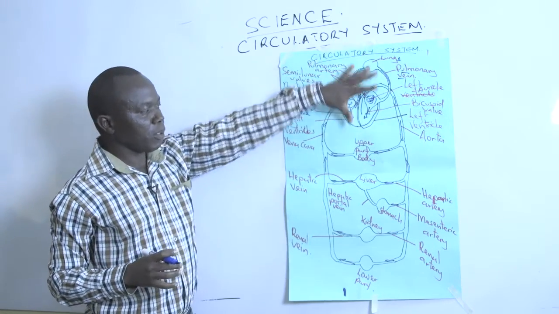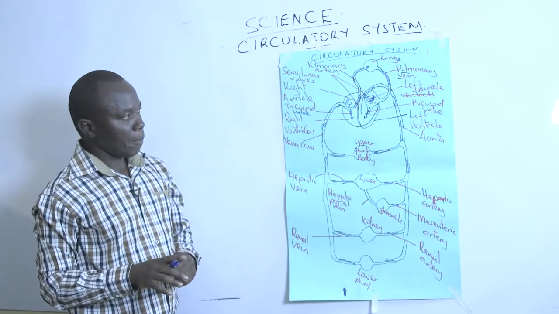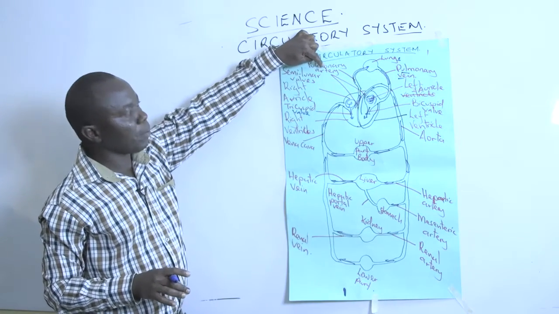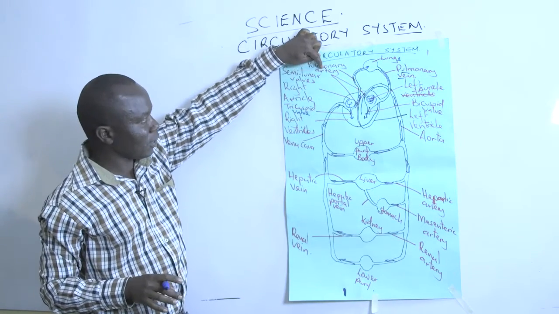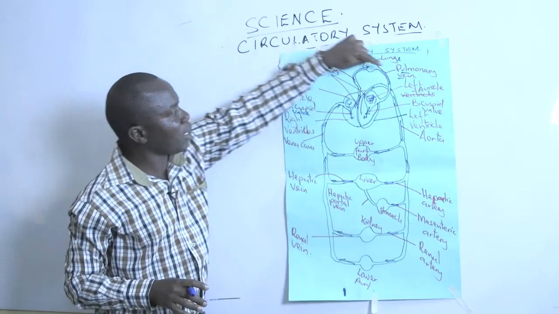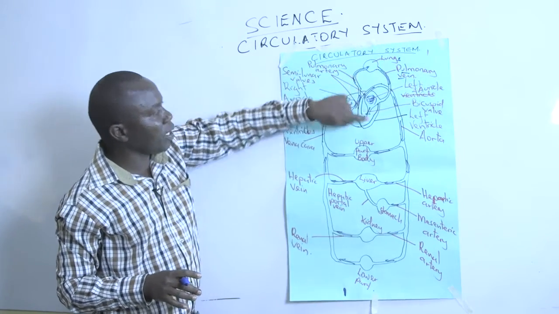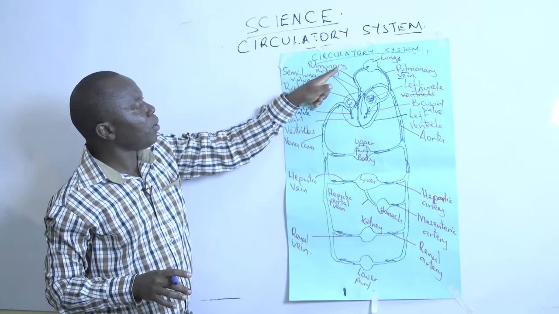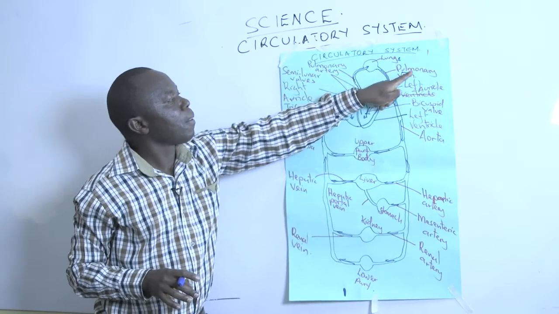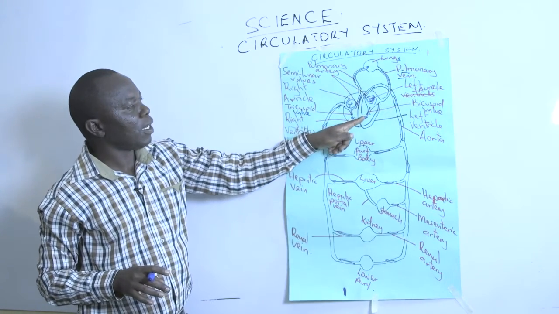So we have two types of circulation here. Blood flowing through the pulmonary artery, lungs, pulmonary vein, back to the heart. From the heart, pulmonary artery, lungs, pulmonary vein, back to the heart.